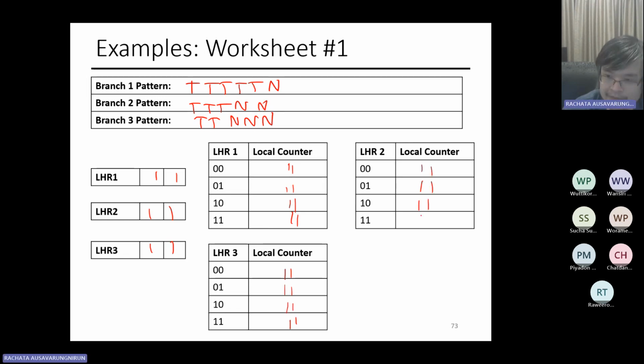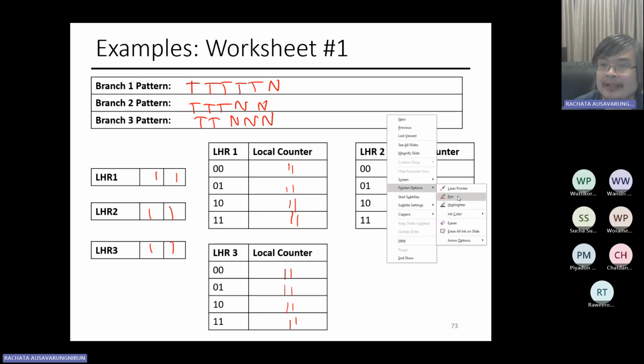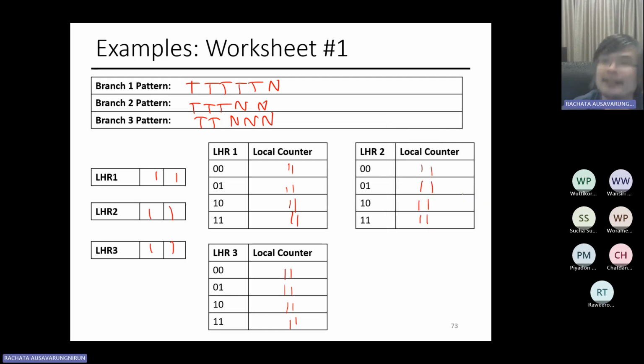Now, the difference between the GHR and the LHR is that with the LHR, you go branch by branch. So when you try to predict the pattern for this first branch, you look at the LHR for that branch. You look at this entry, which is 2'b11, so it is strongly not taken, so it predicts not taken.